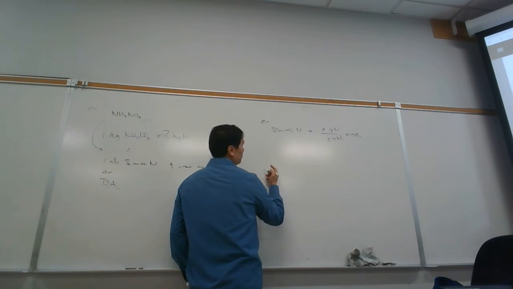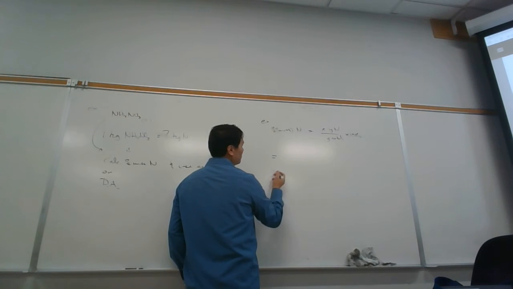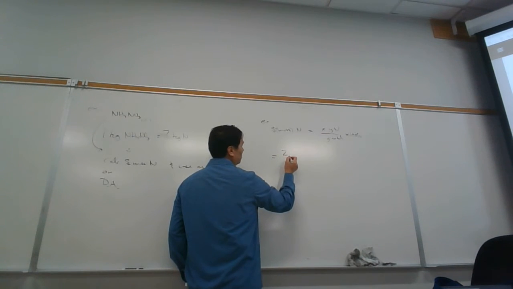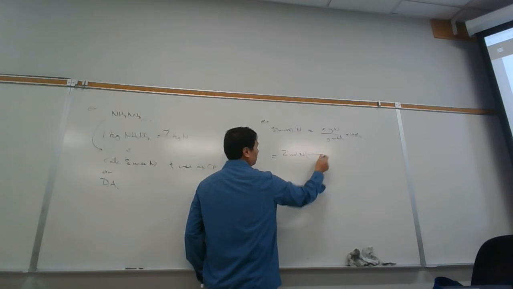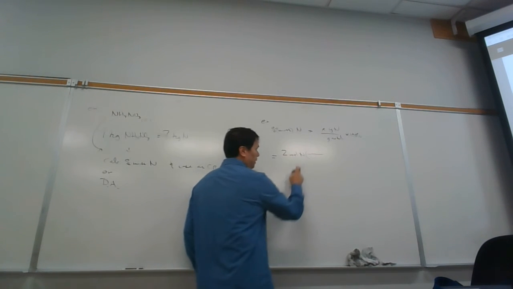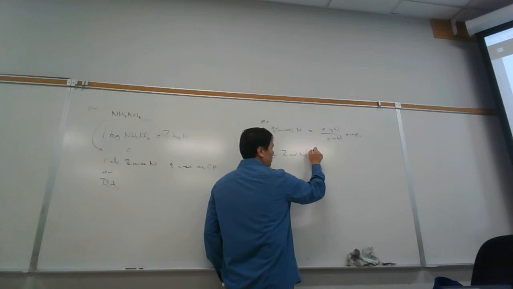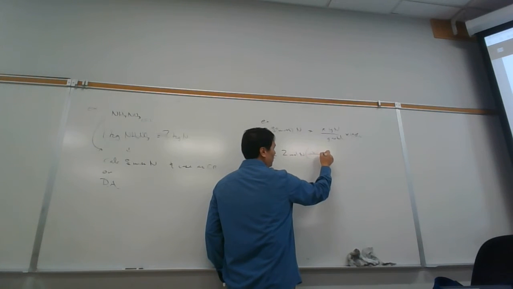So the first thing is we can figure out the grams of nitrogen. There are 2 moles of nitrogen atoms here, and each mole of nitrogen weighs 14.01 grams.